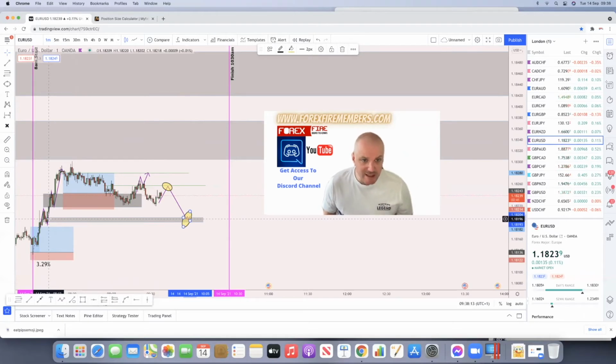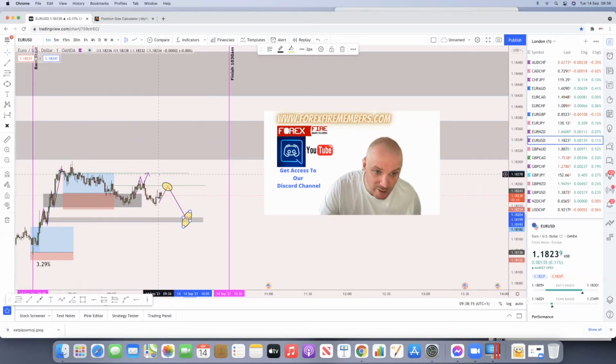We'll see what happens. Again, it might not be a case that this even reaches up into here, but I do believe it may, because if it reversed from here and went straight down, that is technically still a lower high from this one here.